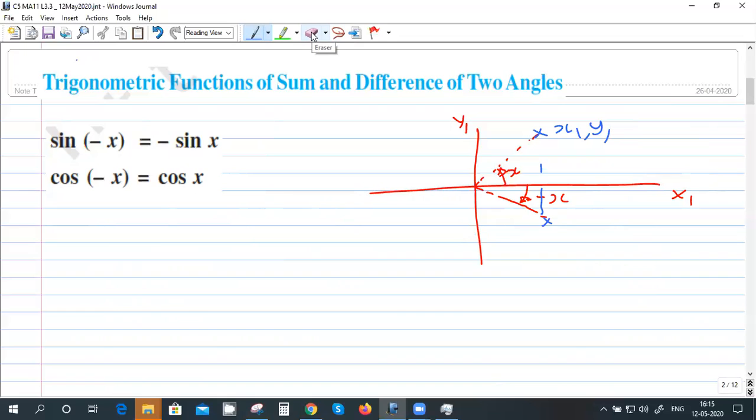X1 is the same. X is this point, that is the same for both. And y1 is minus. Suppose if this is plus 3, this will be minus 3, because this is the negative y-axis. This is y equal to 0. Here it will be negative, minus 1, minus 2 like that. Here it will be plus 1, plus 2 on the top. So y1 is negative.